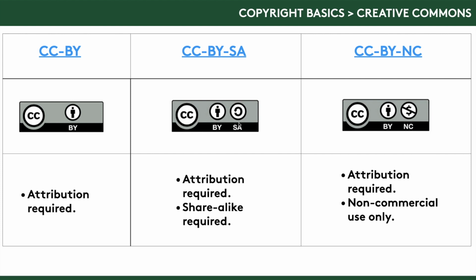You need to say who made the material. The next license is Creative Commons by-SA. That means you have to give credit, you have to give attribution, and you also have to make sure and share alike. Share alike means you can't copyright the material for yourself. You can't place additional restrictions on it. You can't remove any restrictions.